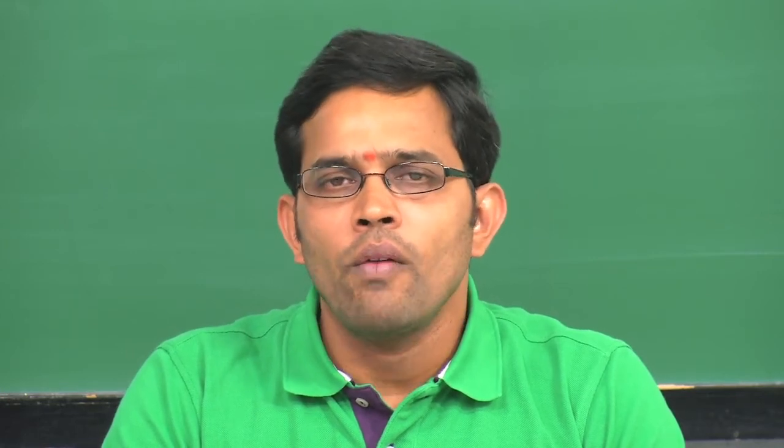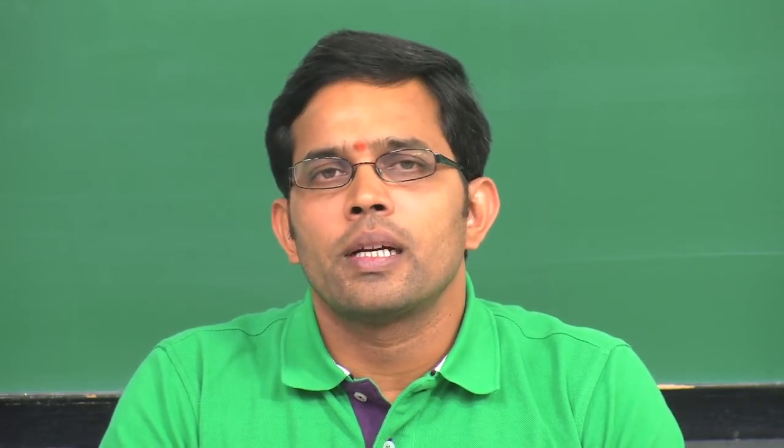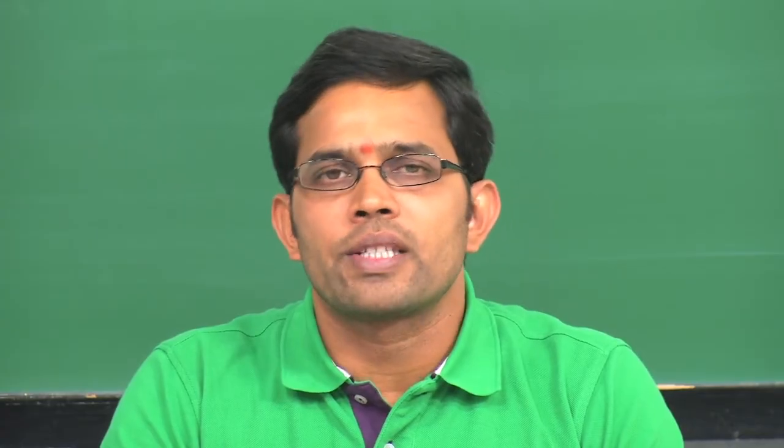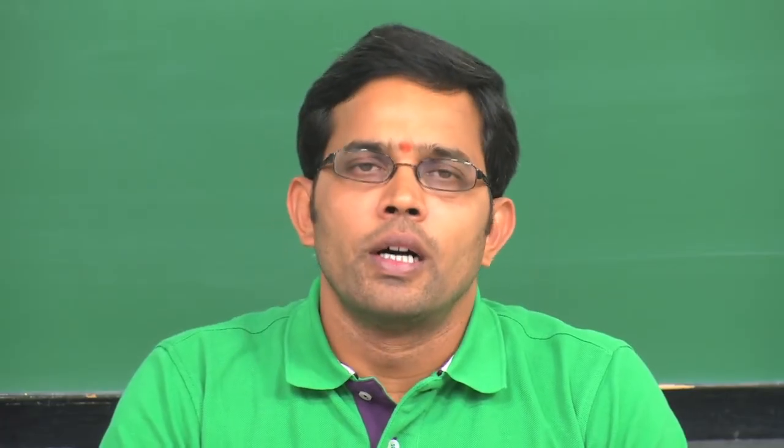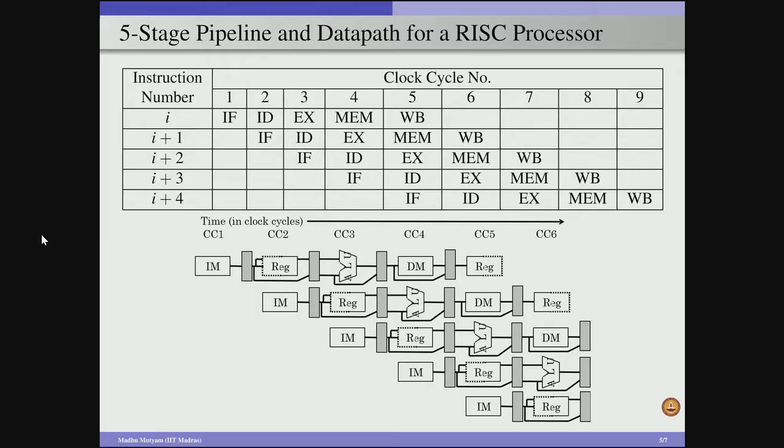So our throughput will be one instruction per pipeline cycle time. As a result, with a 5-stage pipeline, we can get in an ideal scenario a 5x throughput improvement as compared to a non-pipelined design.